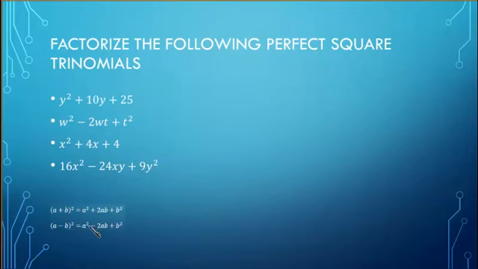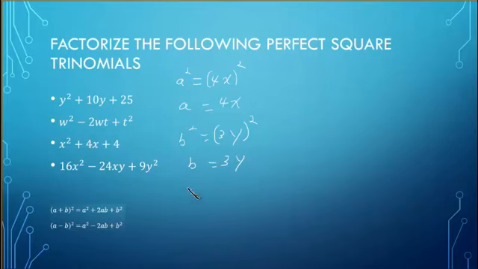And finally here, we need to check first, is this a perfect square? It looks like this pattern here, so let's check. Is the first term a perfect square? Yes. Our a squared is like 4x quantity squared, so our a is then 4x. The b squared is 3y quantity squared. That's 9y squared. And of course then the corresponding b is just 3y.